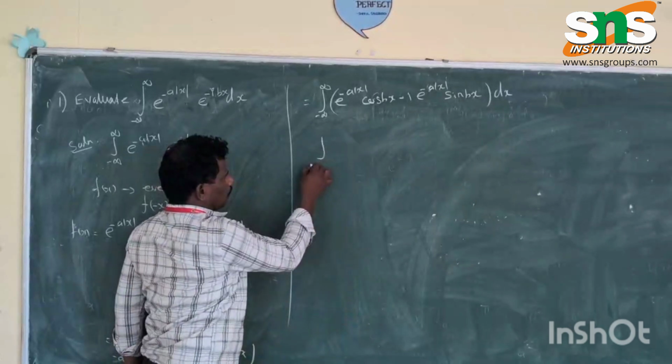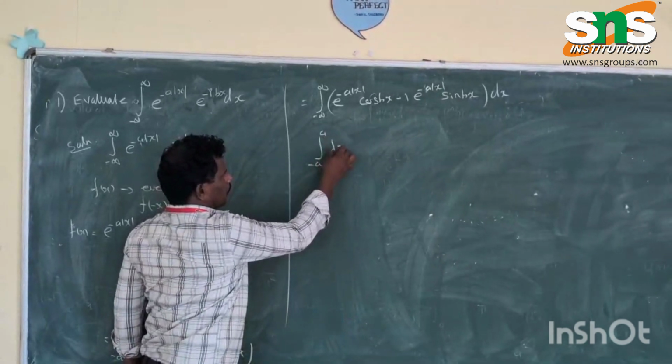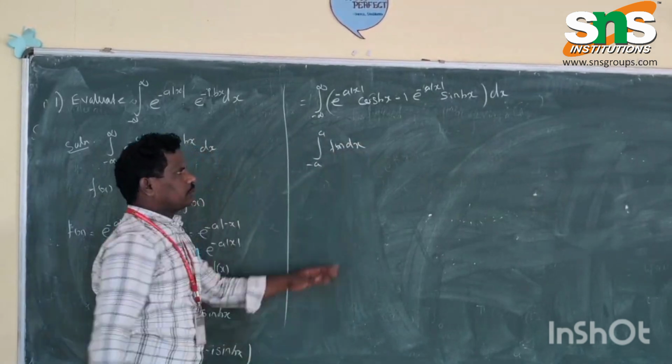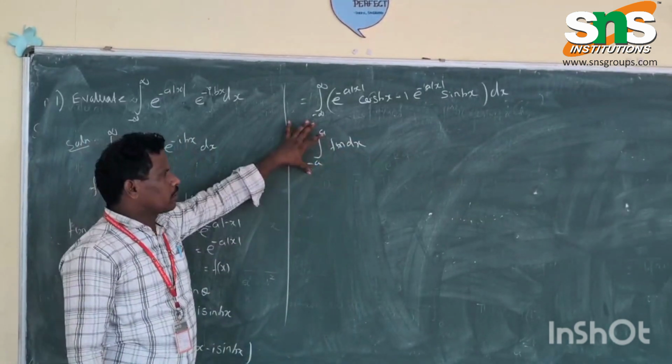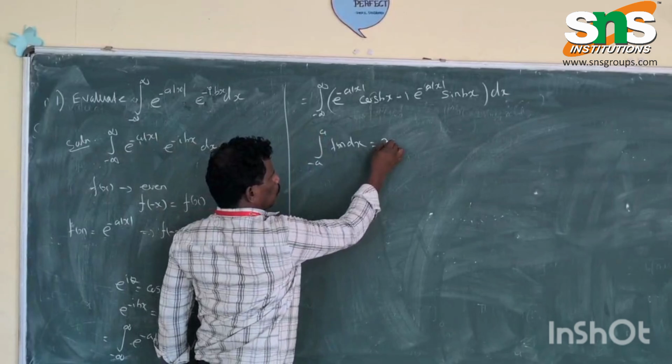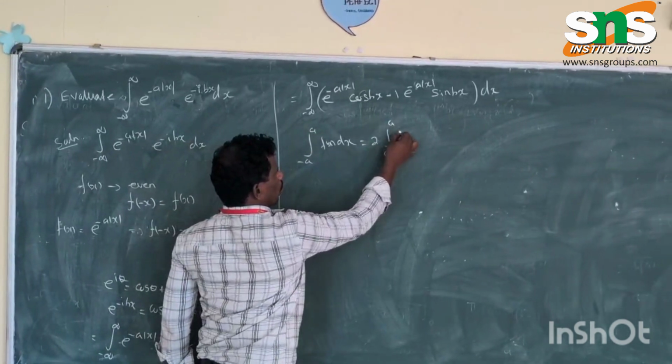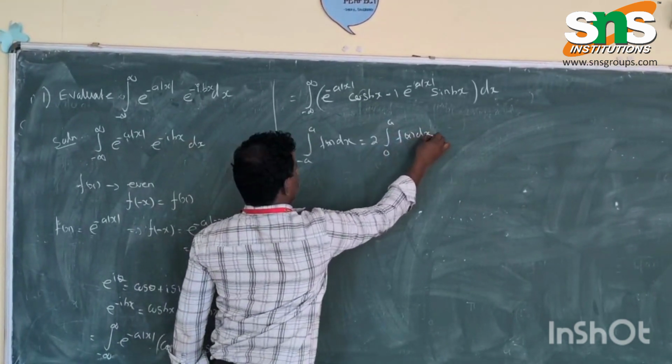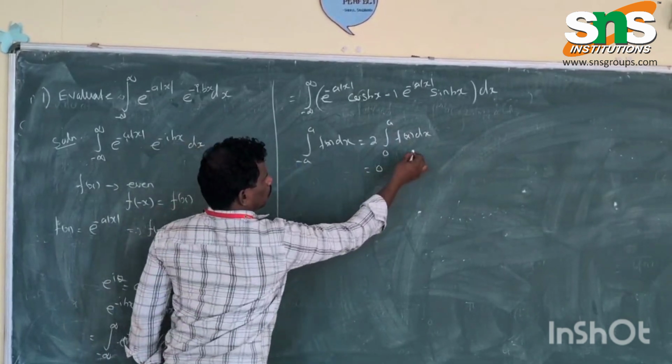So the integral from minus a to a of f of x dx: if f of x is an even function, then this integration can be written as 2 times the integral from 0 to a of f of x dx. If it is an odd function, it is 0.